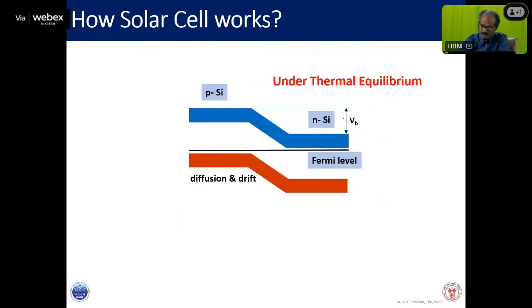So a gradient or a built-in potential is developed because of the flow of electrons from one type of material to the other type of material. So you have this VB generated, and then the Fermi level is constant. And why does it happen? It happens because of the diffusion and drift processes of the carrier transport.